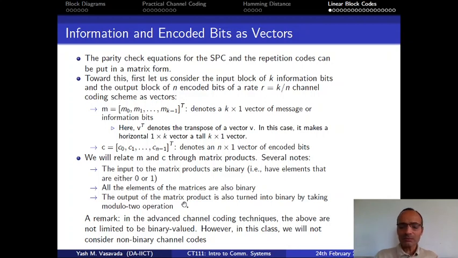In some advanced techniques of channel coding, these vectors and matrices are not necessarily binary valued, and that is where the real power of Galois mathematics comes into play. But in this introductory class, we are not going to consider non-binary elements of this algebra.